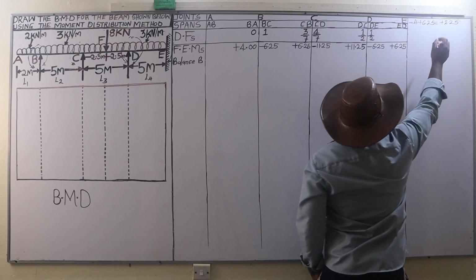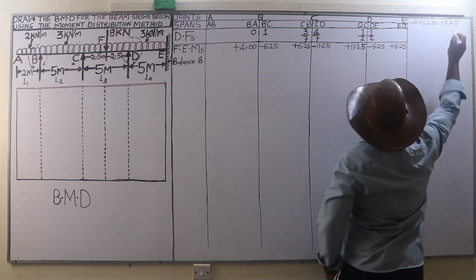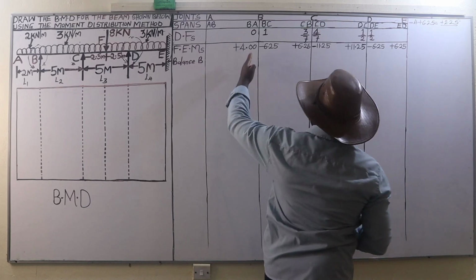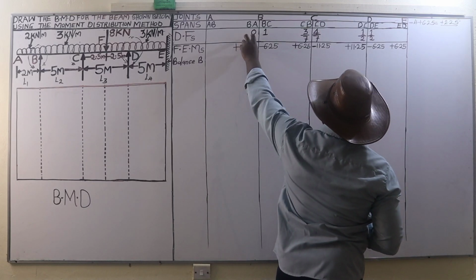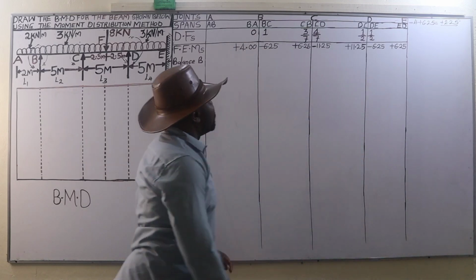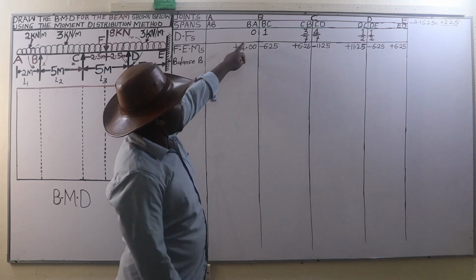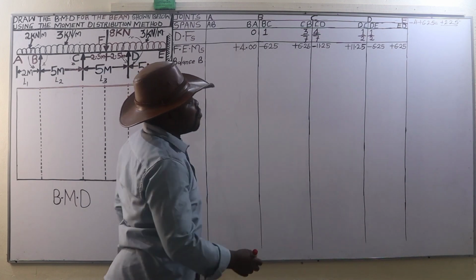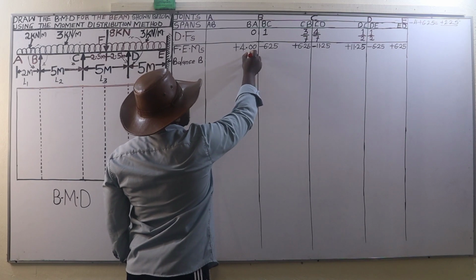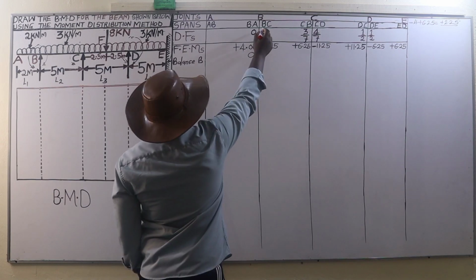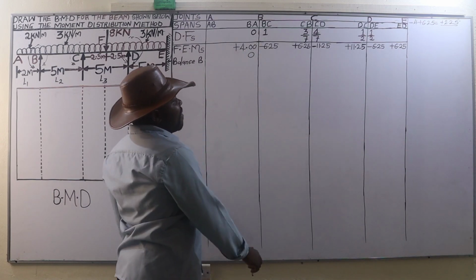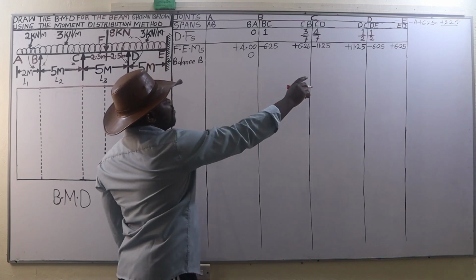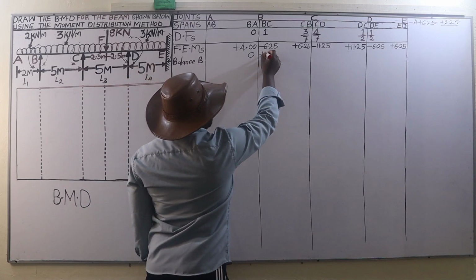Then we distribute this positive 2.25 on each member using the distribution factors. So for BA, we have 0 times 2.25, which is 0. And for the member BC, we have 1 multiplied by 2.25, which is positive 2.25.